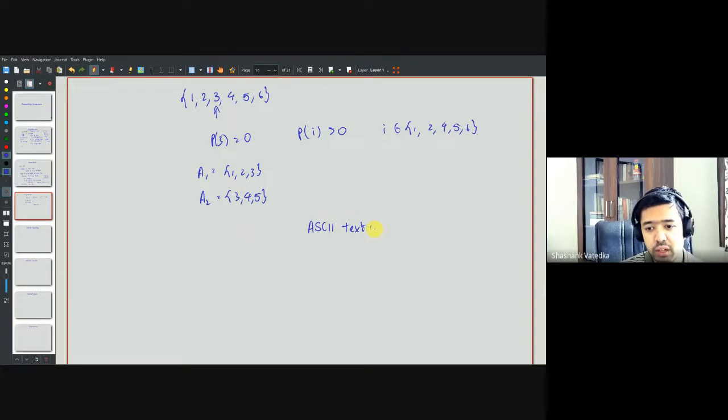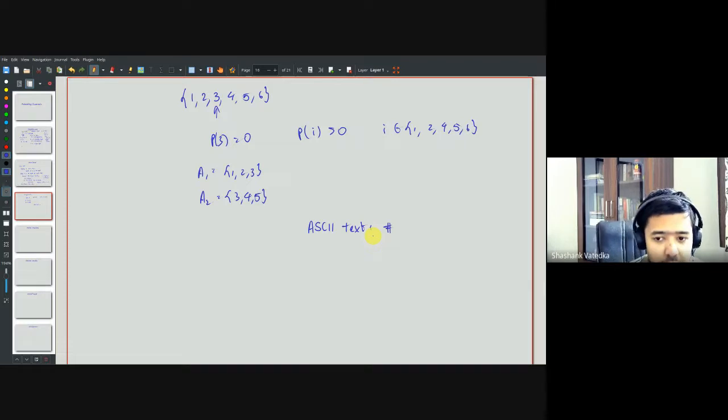Now if you look at specific sources, for example English text, a priori you don't know whether the text is English text or something else. But if it is actually English text, then you know that it's only going to contain a subset of all possible ASCII characters. It's going to contain letters, spaces, punctuation marks, and that's about it. But there are certain other ASCII characters, certain special symbols, which you know are not going to occur. So typically something like dollar or hash is maybe not going to occur in your ASCII text.